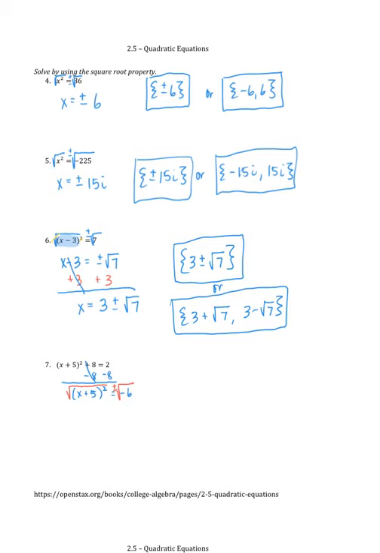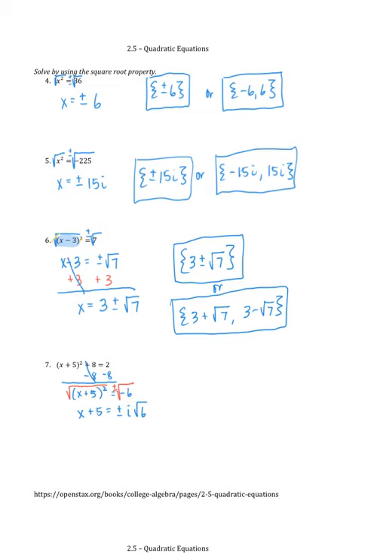All right, so now the square and the square root undo each other, so I have x plus 5 on the left. On the right, okay, now I've got plus or minus. The negative comes out as an i, and I'll leave the 6 under the radical. The 6 will not break down, so it breaks down into 2 and 3. There are no pairs, so that's as simplified as that radical gets.